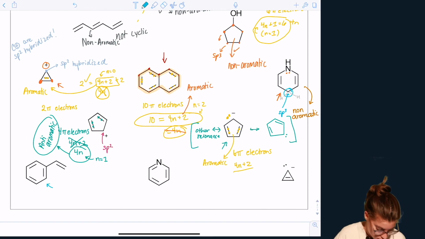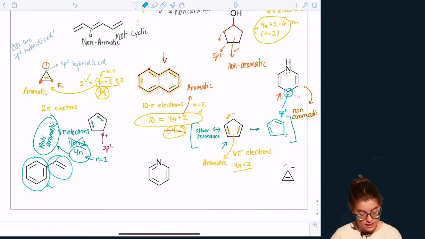So let's look at this molecule. Now, we actually have a benzene molecule here, and yes, we have something attached to it, but just because you have something attached onto a benzene ring does not mean that the benzene ring is not there. The benzene ring is still there, and the benzene ring itself is aromatic, even though you've attached something onto the benzene ring.